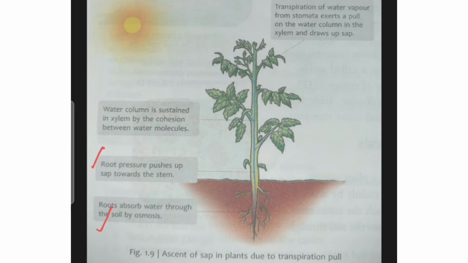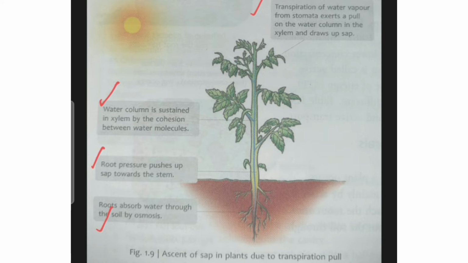The root pressure pushes sap up toward the stem. The water column is sustained in the xylem by the cohesion between water molecules, and the transpiration of water vapor from stomata exerts a pull on the water column in the xylem that draws up sap.